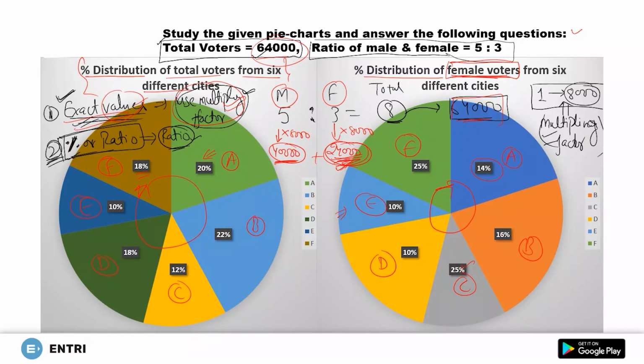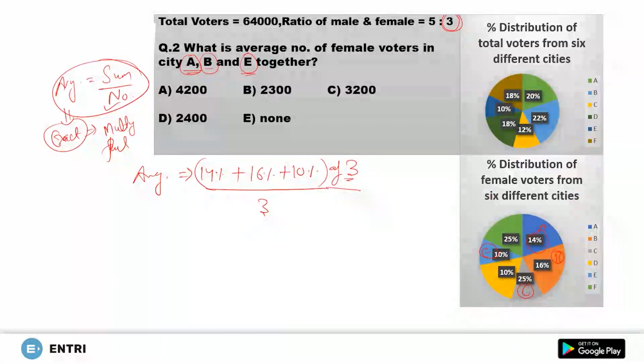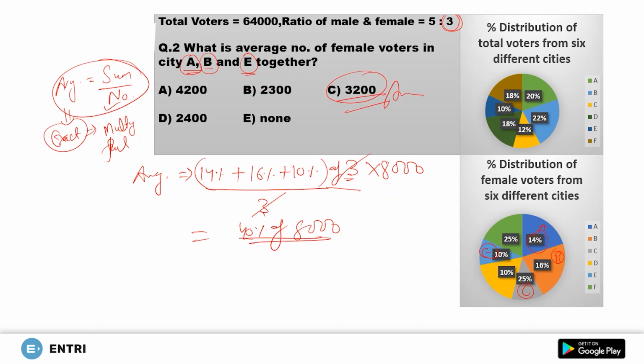And the multiplying factor here is 8000. So you just multiply by 8000. So 3 cancels out with 3. This will become 40%. 40% of what? 8000. And what will you get? 40% of 8000 will be 3200. Actually 3200 is the right answer. I hope this question is also clear to you. Now move to the next question.